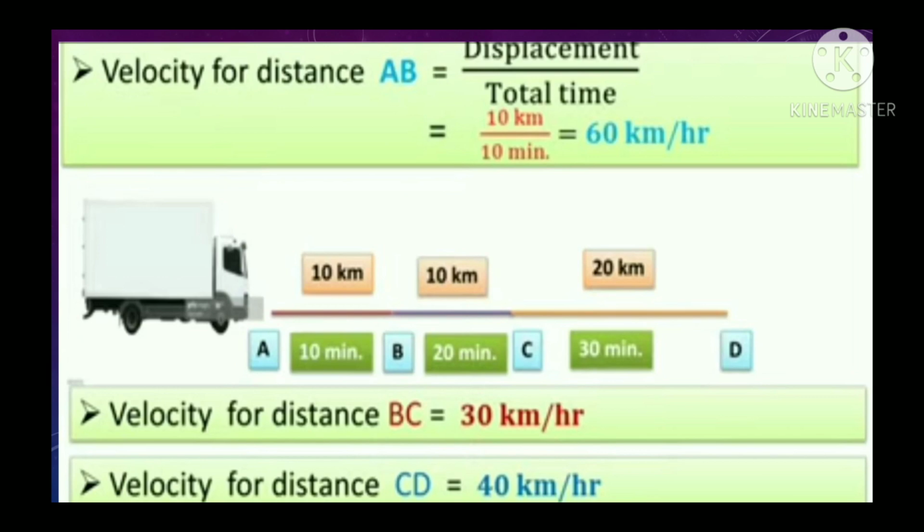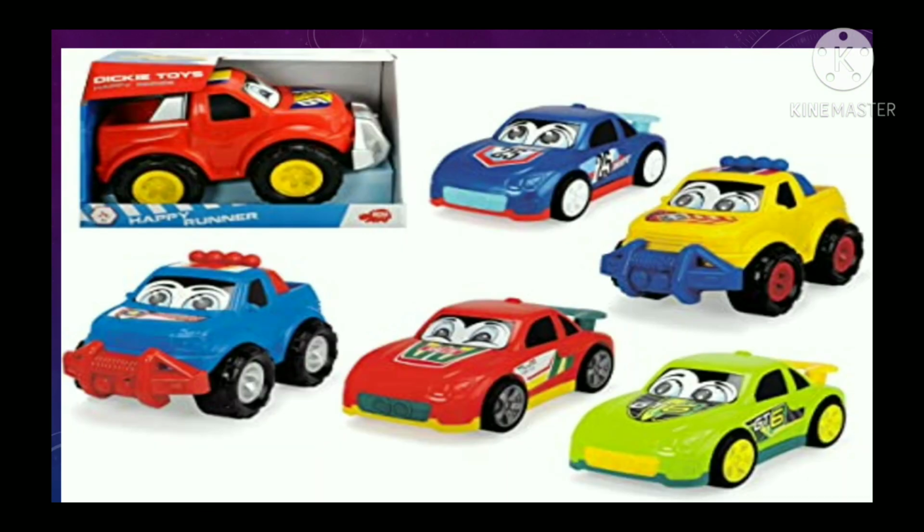So, the formula to find out acceleration is change in velocity upon time taken for change. You might have seen a toy car that runs on a clockwork spring. When it is released on a flat floor, after winding up the spring, it goes in a straight line. However, when it is hit on one side, it changes direction and keeps going. If it collides into a wall, it stops.